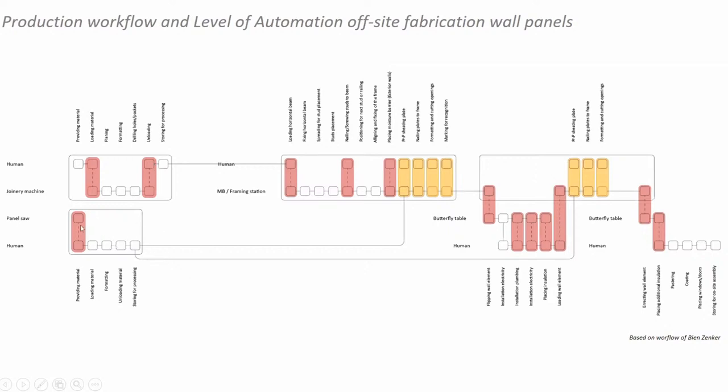And the same thing happens for the panel saw that cuts the cover plates. And then this frame goes on to the framing station with the multifunction bridge. Then the cover plates are placed on that, and all these additional steps I was talking about, like the stud placement and so on, are done partially by human labor, partially by machines.